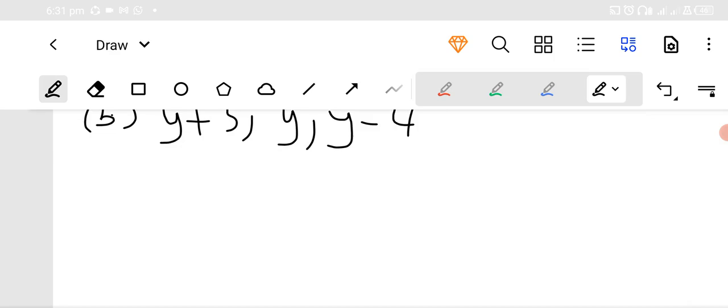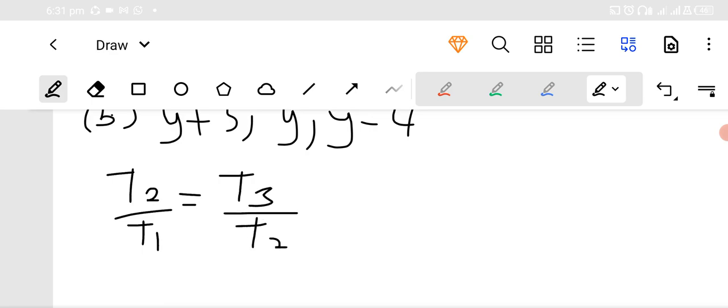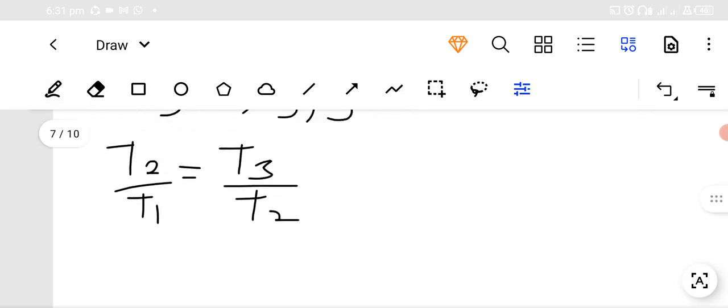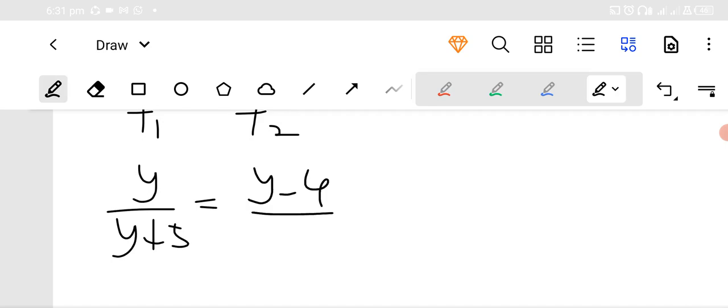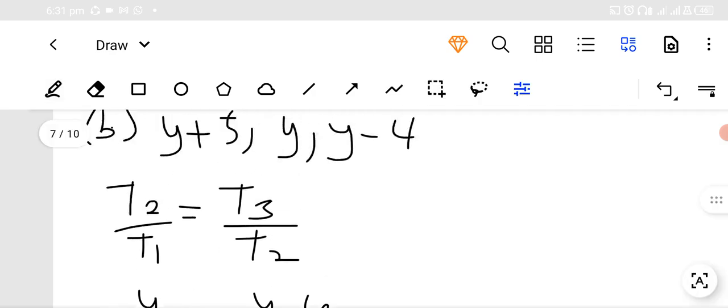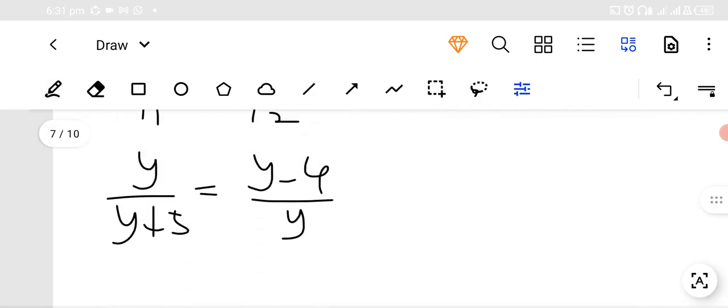The common ratio r is given by what? The second term divided by the first is equal to the third divided by the second. So y over y plus 5 is equal to y minus 4 divided by y.